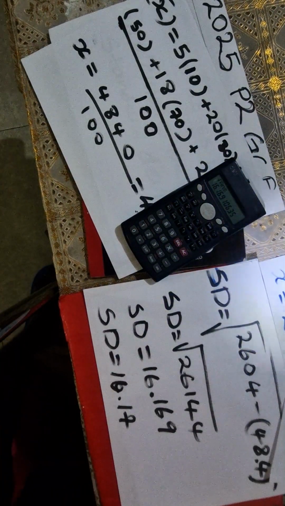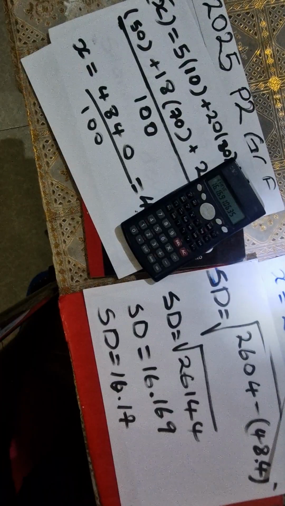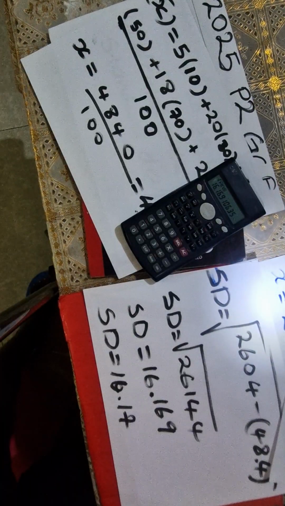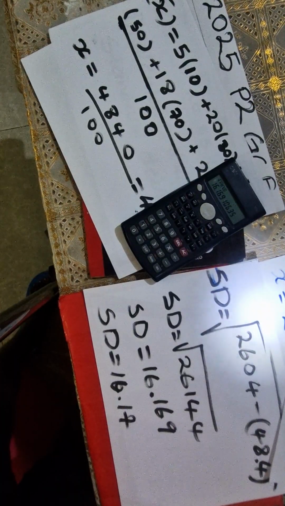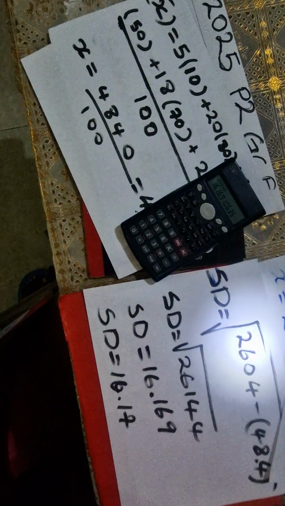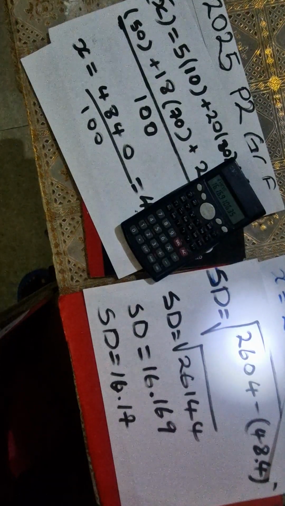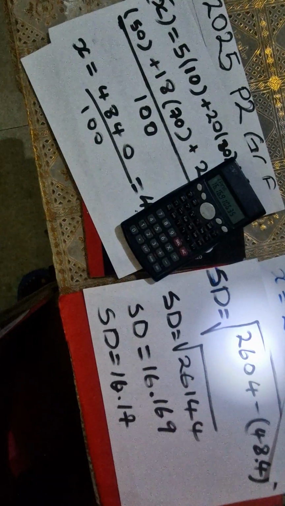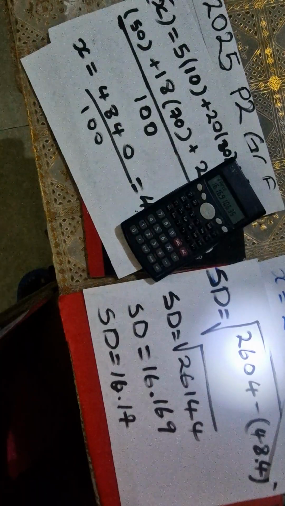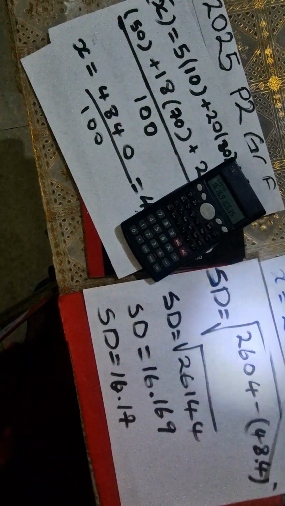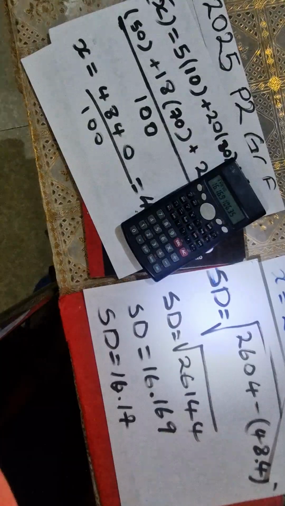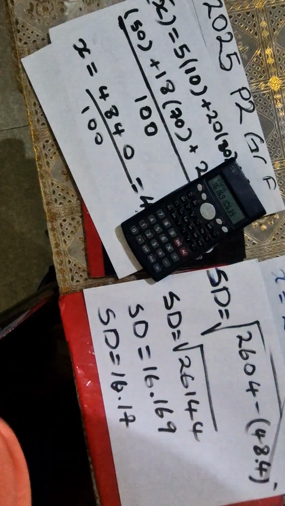Let me check. In the exam room, you have to show your steps, step by step. So it mostly carries wonderful marks. When you're given this question, you should solve. This question carries 6 marks. You cannot afford to lose these 6 marks.